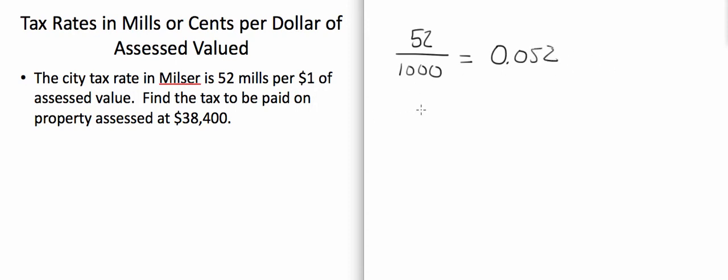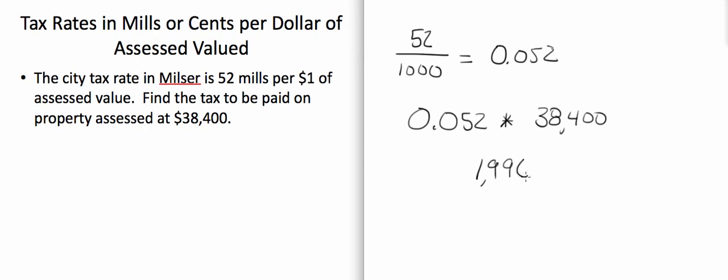We write that as 0.052. We multiply that by the assessed value, which is $38,400. We do that, we get an answer of $1,996.80. Okay, so a couple different things here with property taxes.